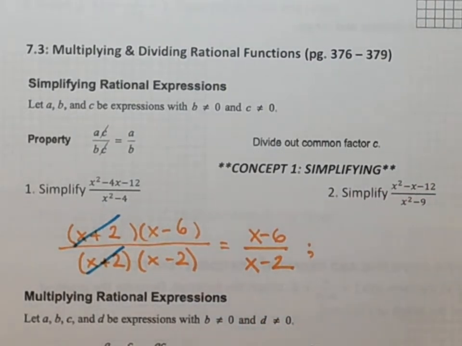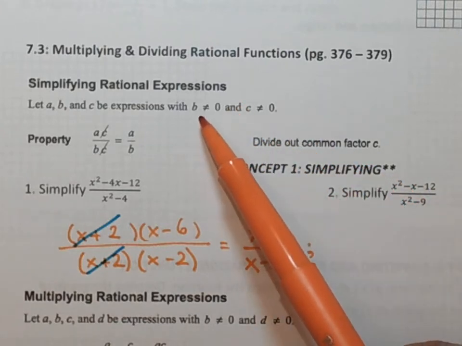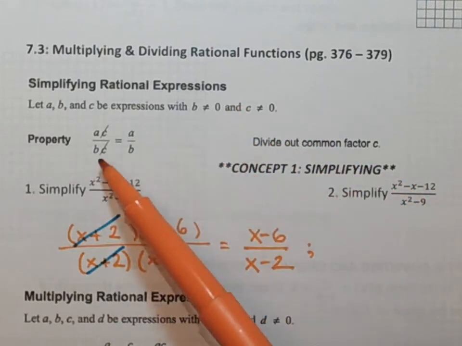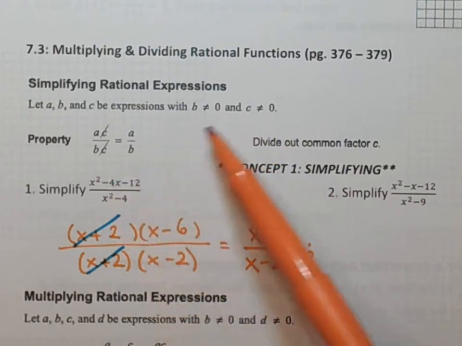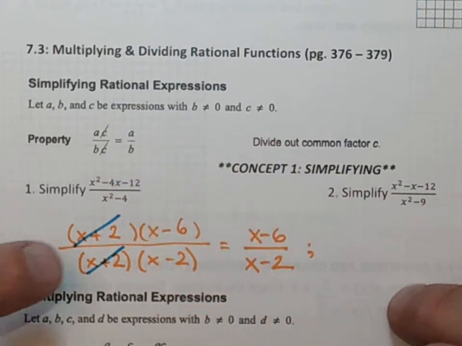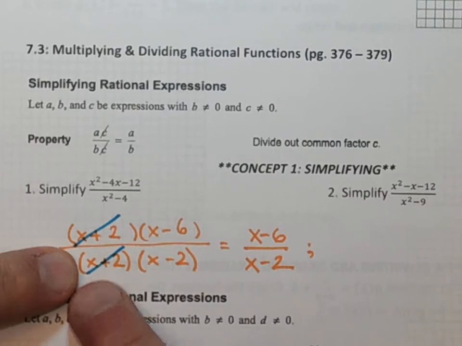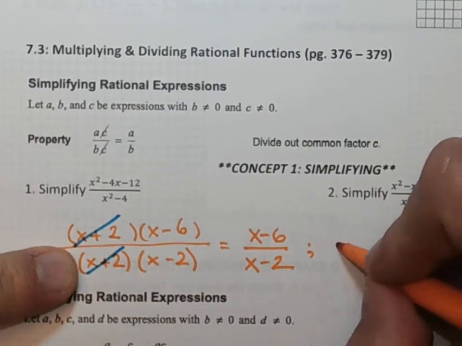Now, back to the denominator cannot be 0, right? Because that would be undefined. So I have to state those here, what would not be okay. And that's what this is saying right here, so with the b cannot be 0 or c cannot be 0 because then it would be undefined. Now in this case, if I put negative 2 plus 2, that would give me 0.